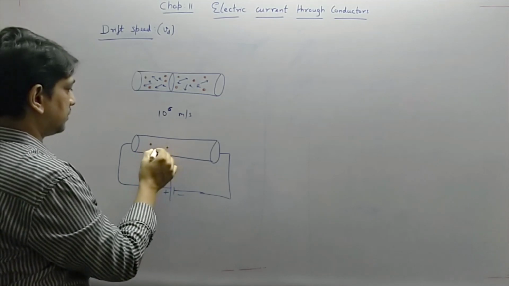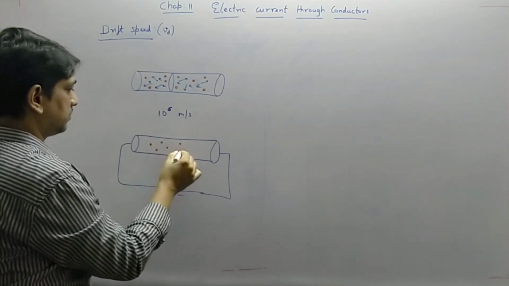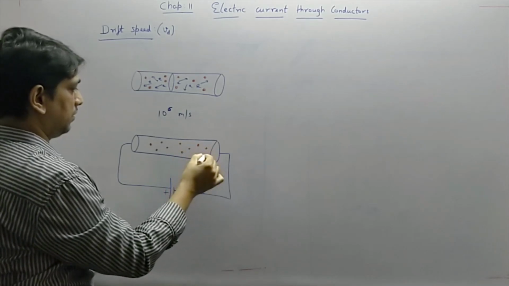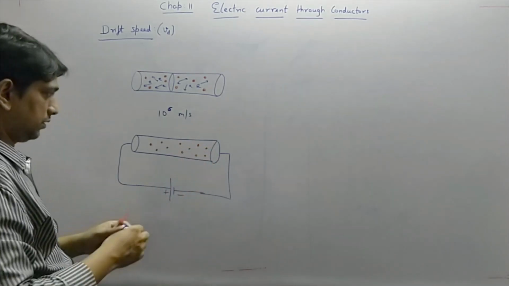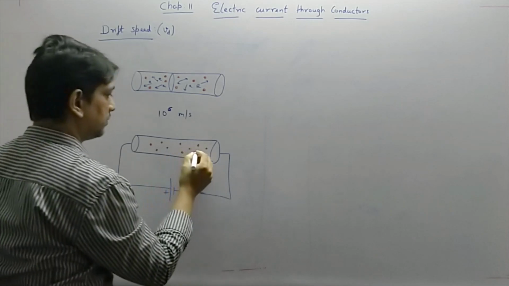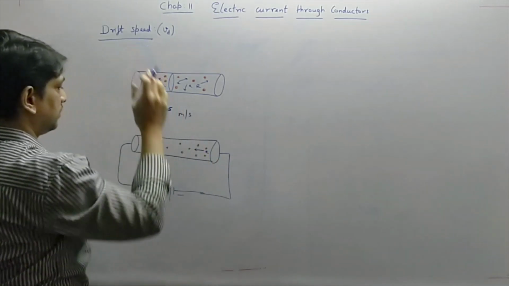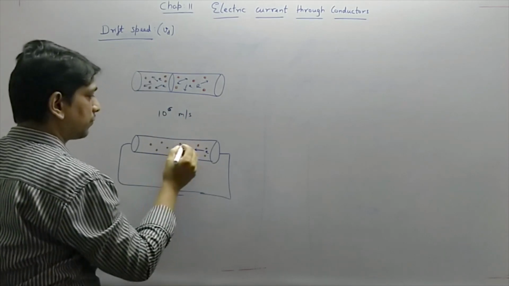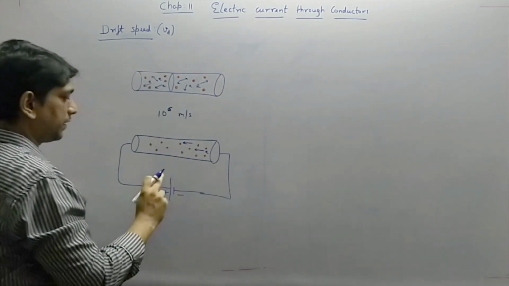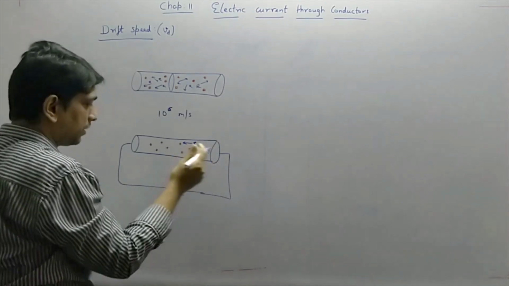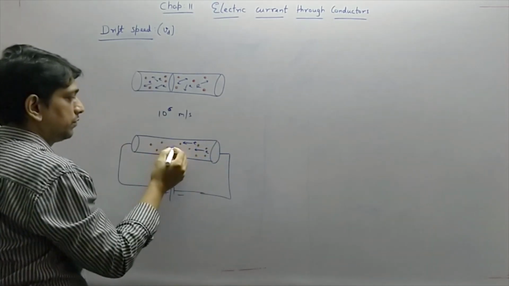These are the atoms we are drawing here, and the free electrons will all start moving in the same direction, that is, they have a drift due to the applied electric field. The electric field is applied from positive to negative, and all the electrons, being negatively charged, start moving from negative to positive.